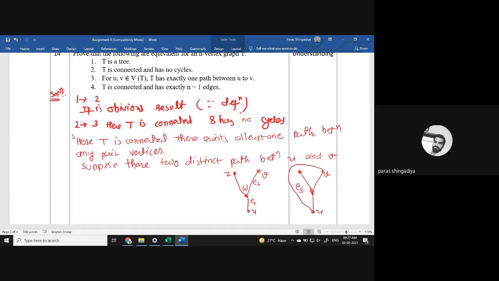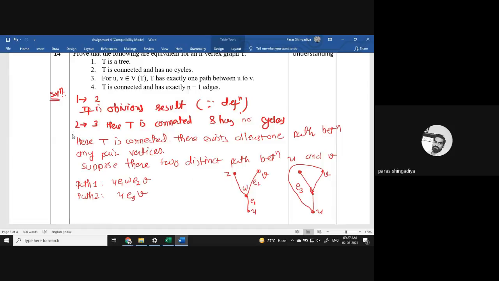Clear? So two distinct paths between U and V. So path 1 is U E1 W E2 V, and path number 2 is U E3 V.